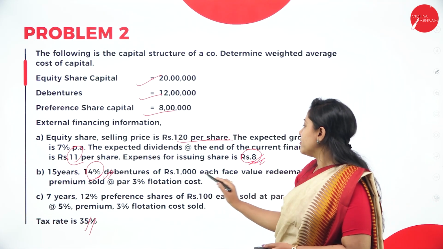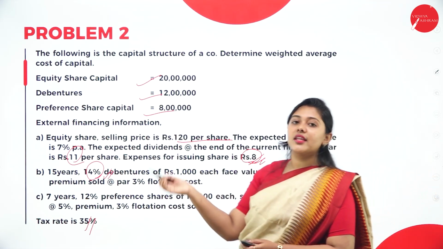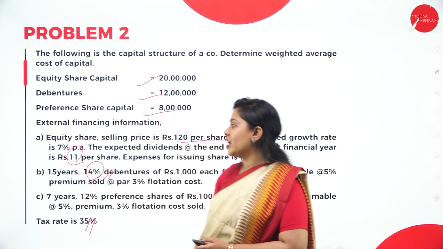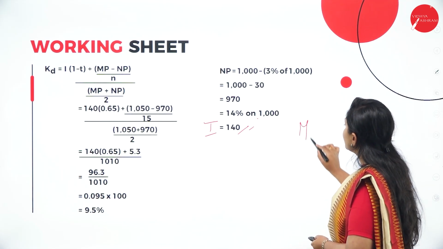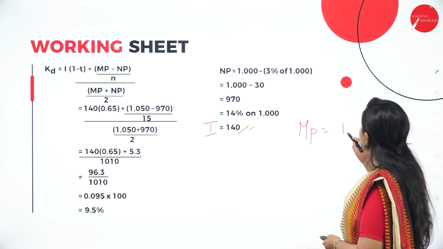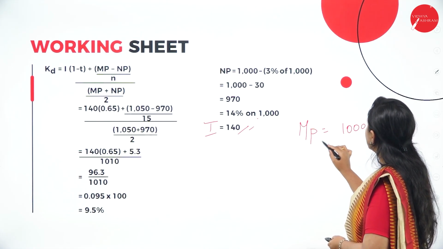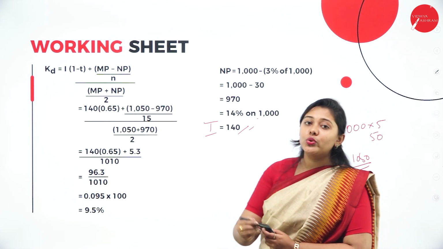And next, what is given? They are redeeming at 5% premium. So your maturity price will be 1000 into 5%, which is 50 rupees, so 1050 rupees will be your maturity price.